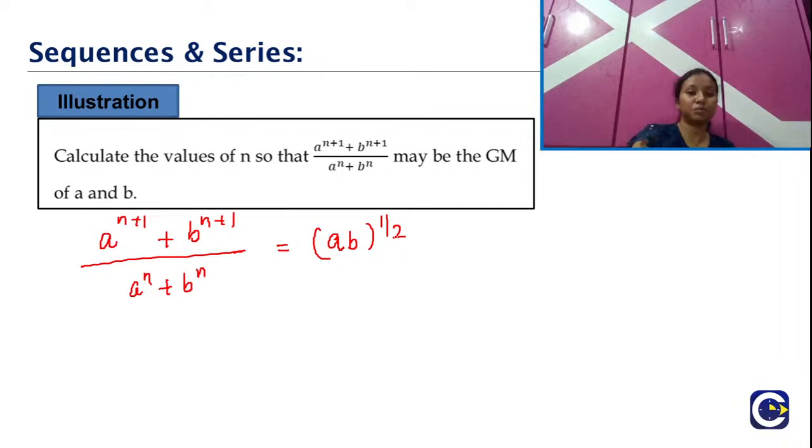So try and simplify this in order to find the n value here. Take 2-3 minutes and give it a try.